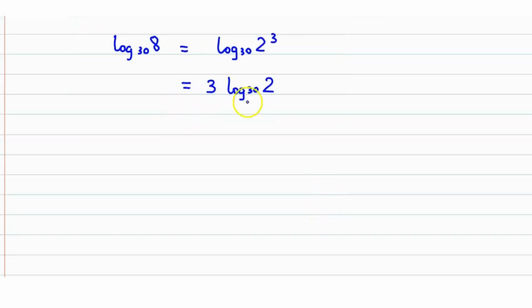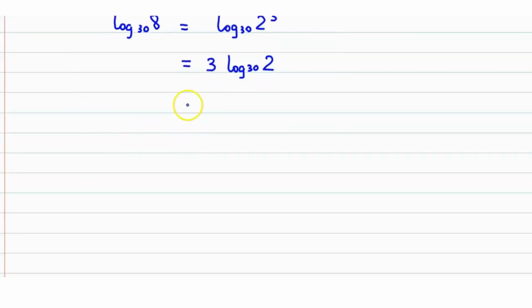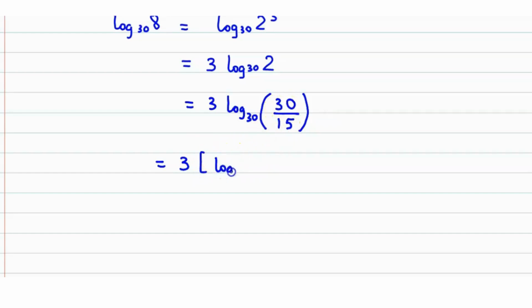Now look here, the base is 30 and we have two log values, 3 and 5. So this value 2, we can express as 30 divided by 15, and 15 is 5 into 3, right? And here the base will be 30. So we can write it as 3 times. Now again using law of logarithm, log of a upon b is log a minus log b.